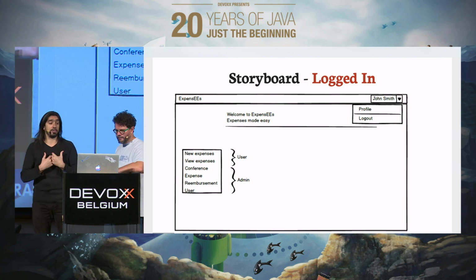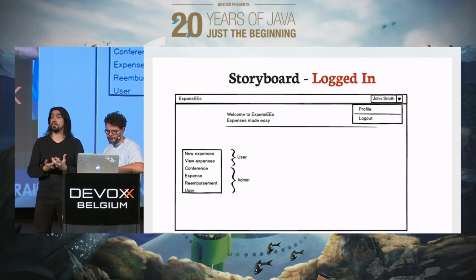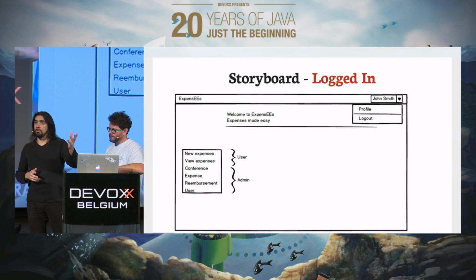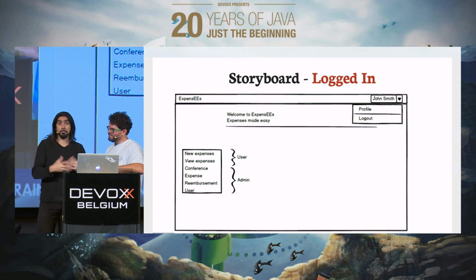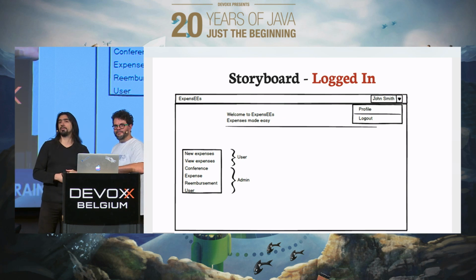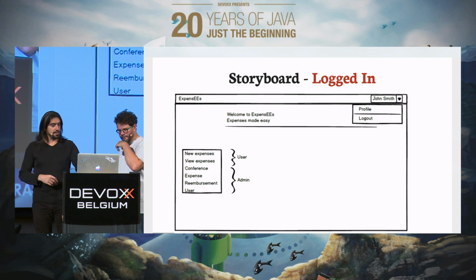So as a user, you're going to be able to create new expenses and view your own expenses. And the administrator, so your company, will be able to change the conferences, see all the expenses, and so on. So there's roles involved.